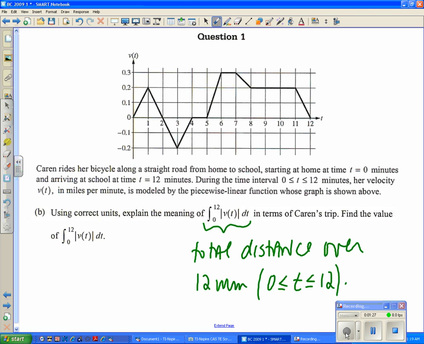Now, to find this value, we have to do a little analysis on our drawing, and we're told that this is a piecewise linear function. So these are all linear pieces. So I'm going to think in terms of the number of boxes here that I have, the number of square units, if you will.